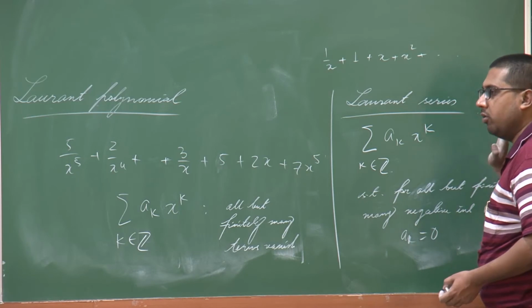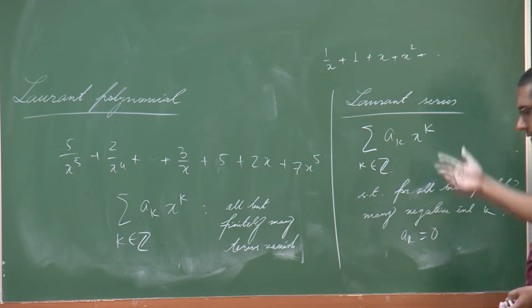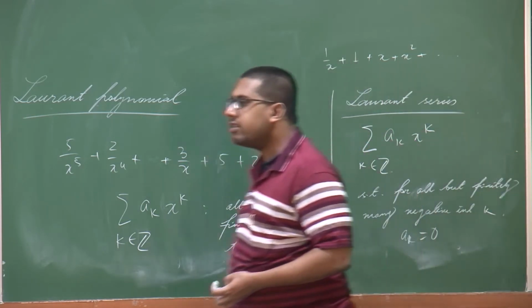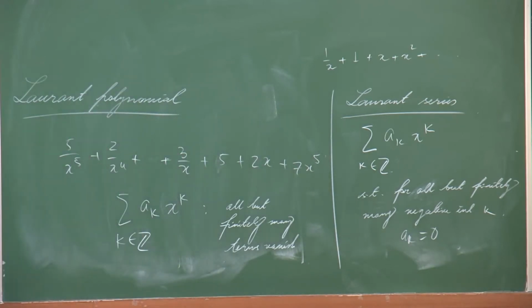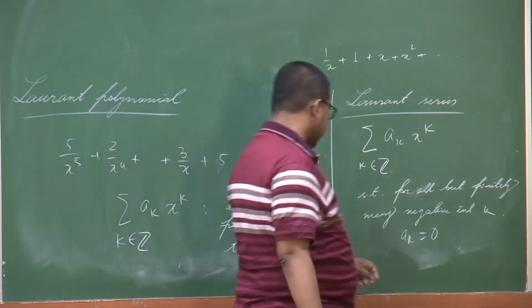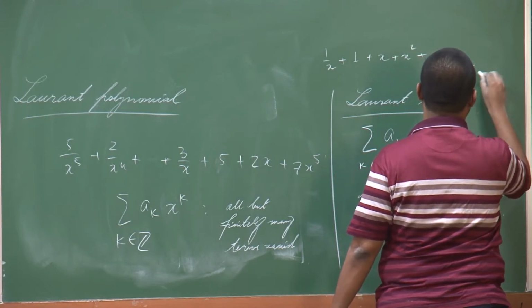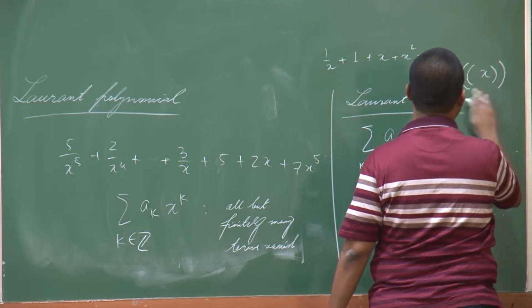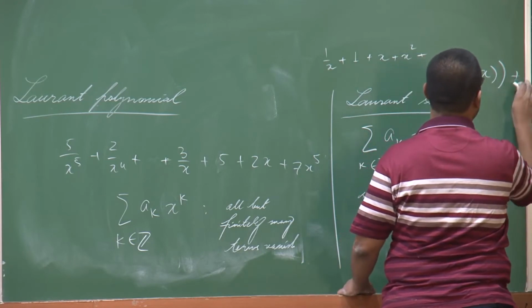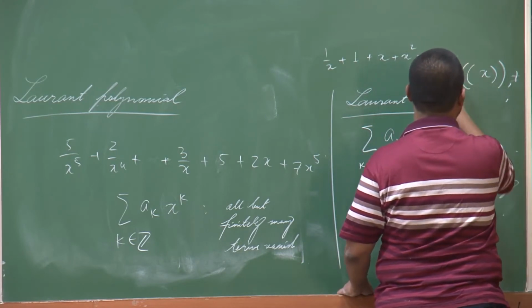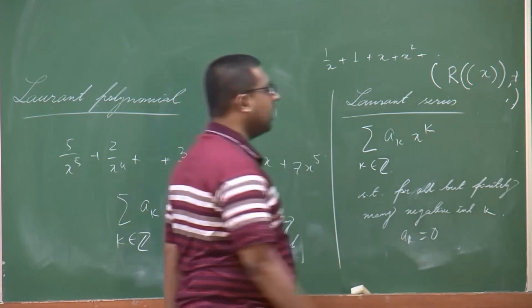Rather we will treat them as expressions with these restrictions. Okay. All right. So, this Laurent series ring is denoted as R double round bracket x. With respect to the natural addition and natural multiplication, this forms a ring.